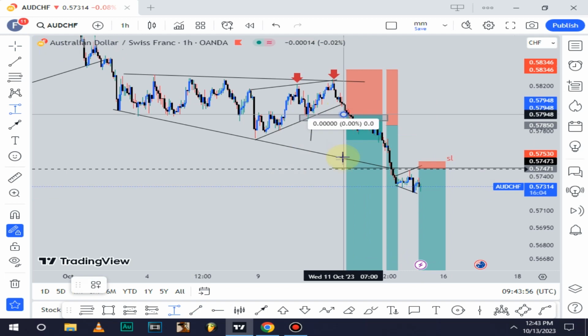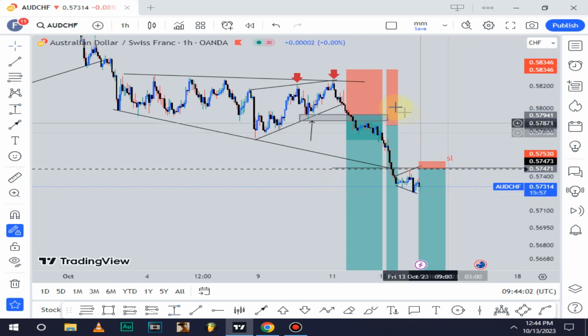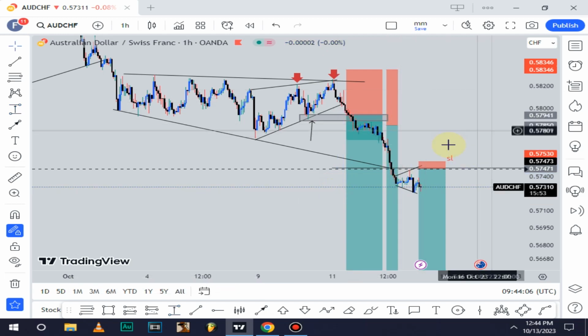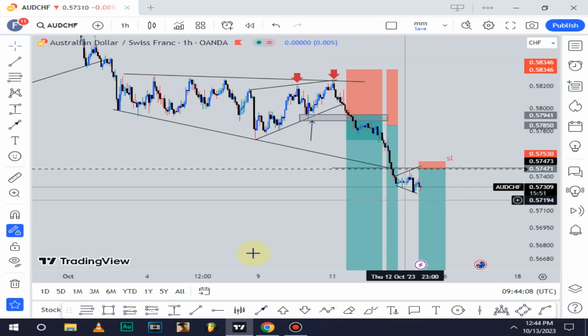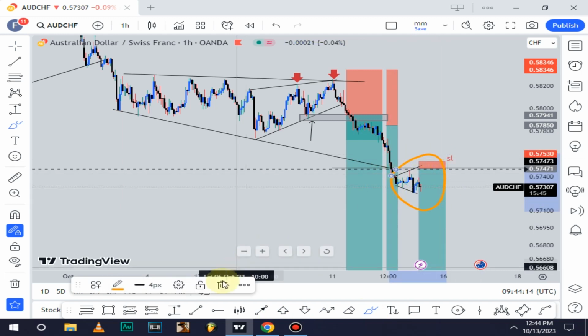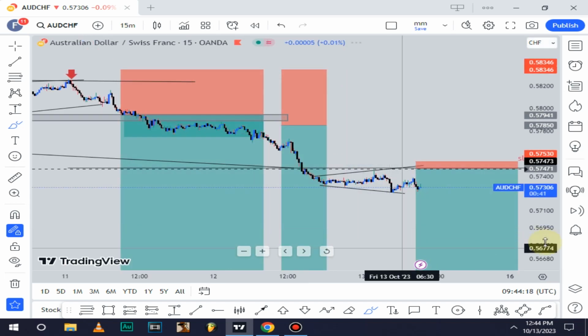Actually that was around 70 pips, but then I still scaled in over here. I added another position over here, and price broke down, and then I can see that price is currently in somehow a correction, right? So I did close my entry, of course, because now we are trying to grow this account.